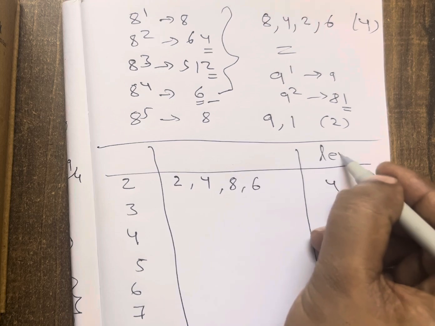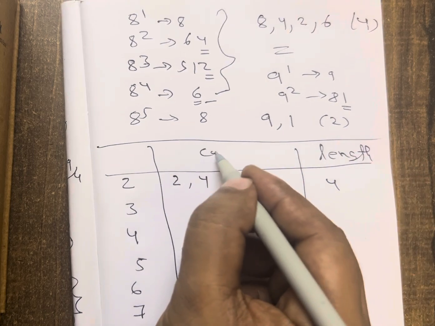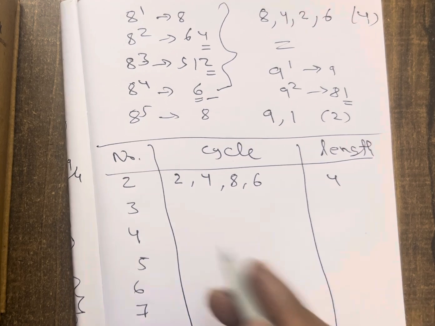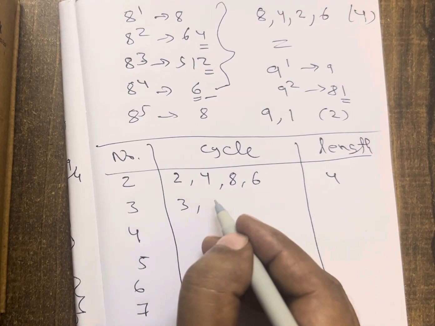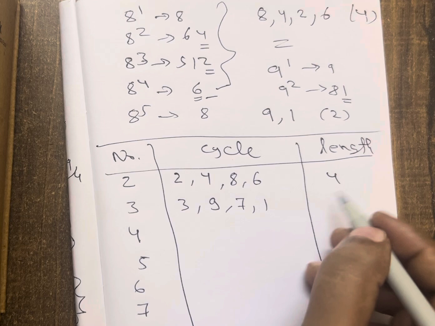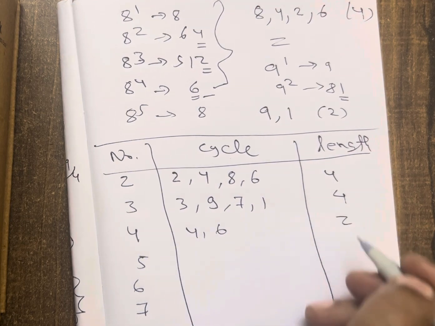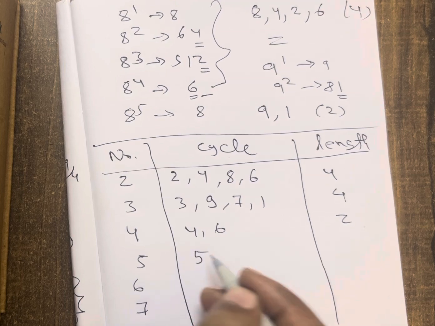Okay, length here, cycle here, number here. Okay, let's try with 3. 3 has 3, 9, 7, 1, length is 4. 4 has just 4 and 6, length is 2. 5 has 5 always, and length is 1.